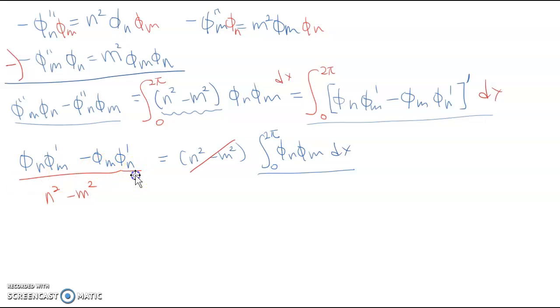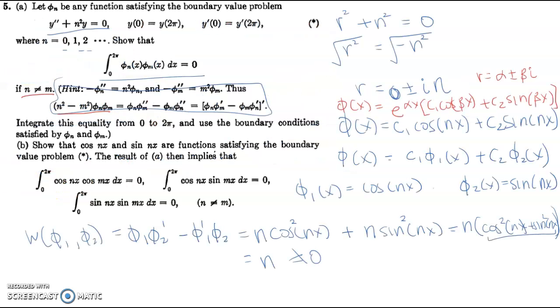Okay, so now if you take a look, this is the boundary problem. If we utilize the boundaries given, we know that 0 and 2 pi are going to be the same, and the ones differentiated at the boundaries are going to be the same.